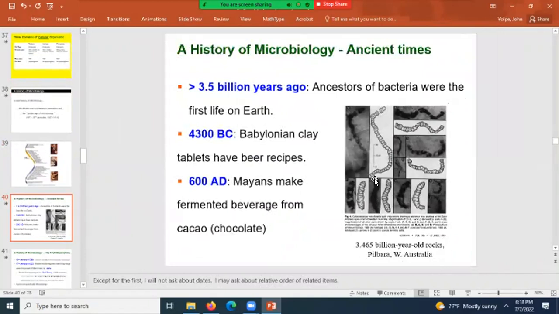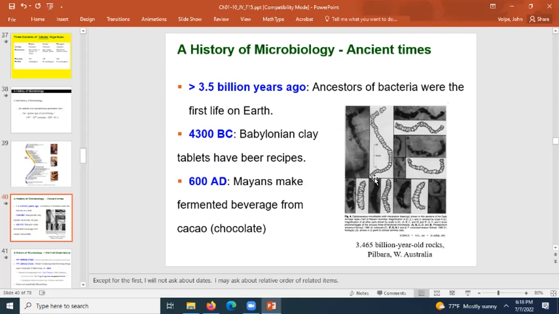So in the history of microbiology, it begins in ancient times. Greater than 3.5 billion years ago, we can find in the fossil record the first fossils of life. You can find the first fossils of ancestors of bacteria, and they first appeared greater than 3.5 billion years ago.